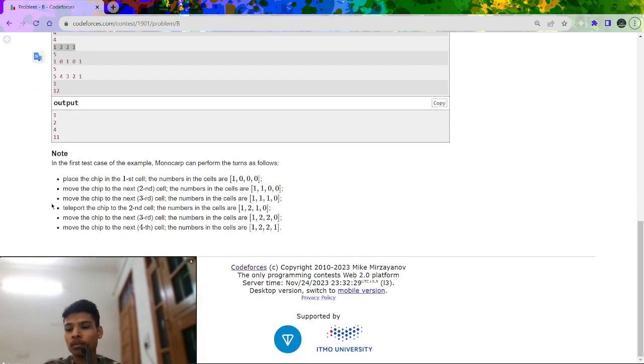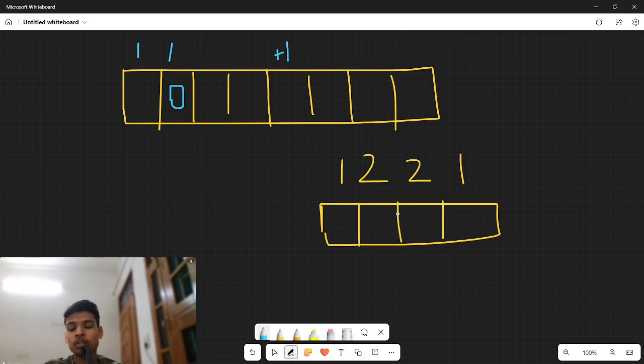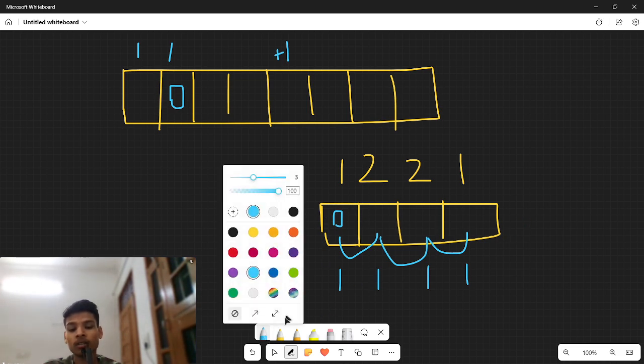Here you can see my answer is 1. Why so? You can see initially my chip will be here, so the value will be 1 here. Then I will place it here, then it is also 1. Then I will place it here, then this also becomes 1. Then I will place it here, and it will also become 1. Which means at most one time the chip has been at all the positions, right?